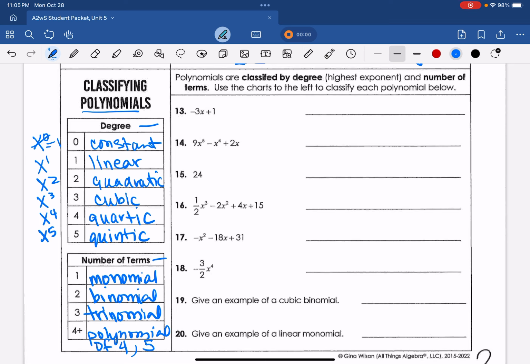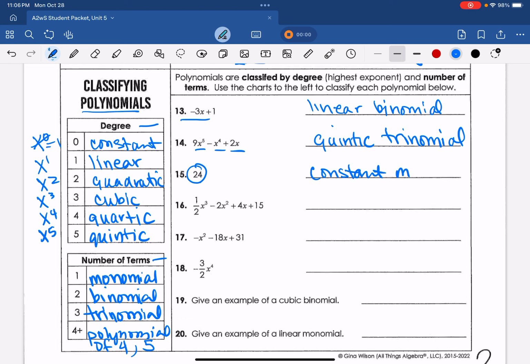Okay, so just for real quick, we're going to classify these. So number 13 is going to be a linear binomial. Number 14 is going to be a quintic trinomial, and it's in standard form. Number 15, there's only 1 term, and there's no variable, so this is a constant monomial.